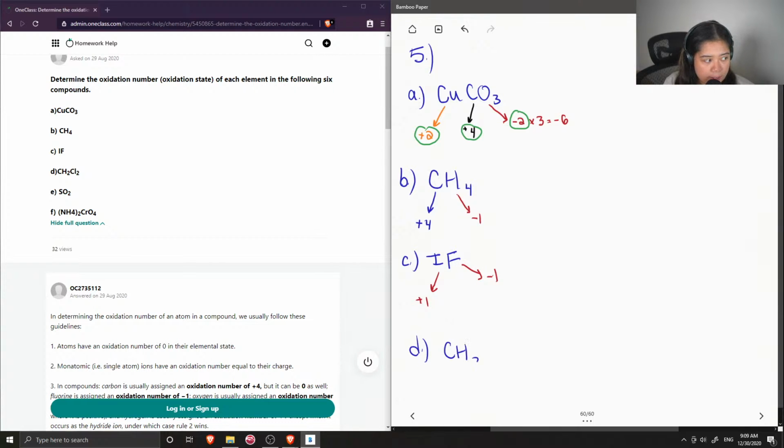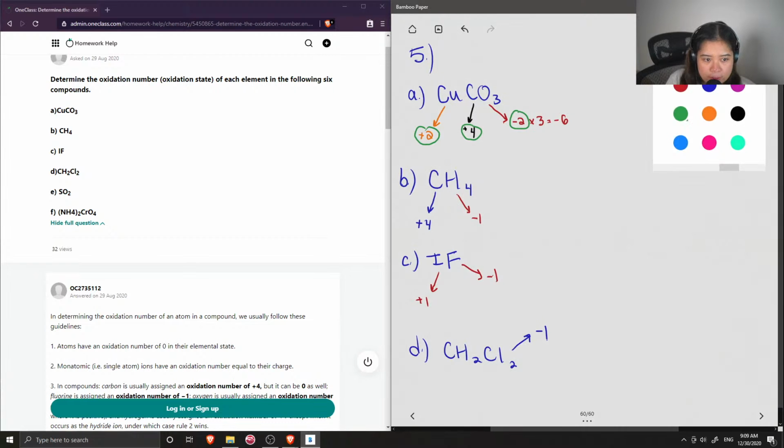We have CH2Cl2. So in the case of chlorine, its oxidation number is -1. So I'm going to circle that in green. But again, since there are 2 chlorine atoms, I'm going to multiply this by 2 just to show the overall charge is -2.